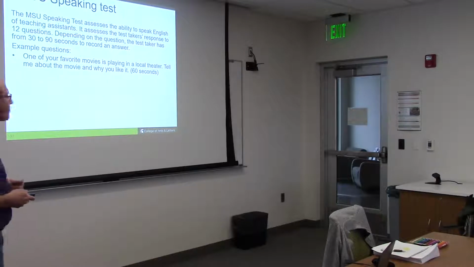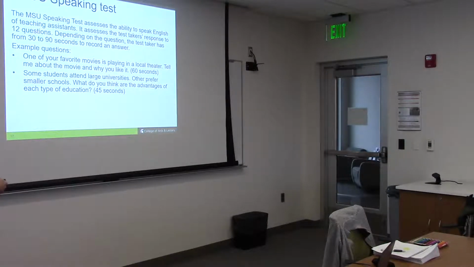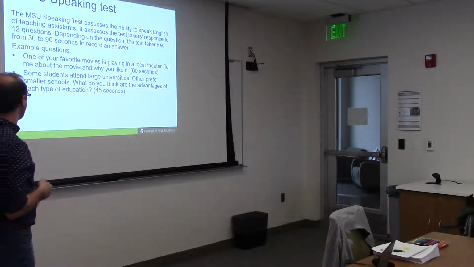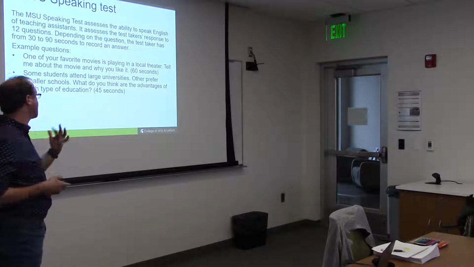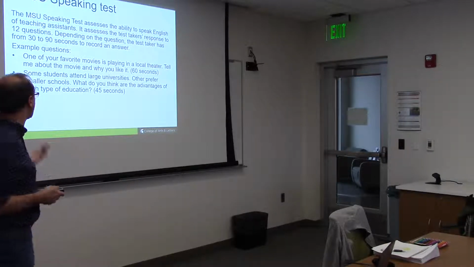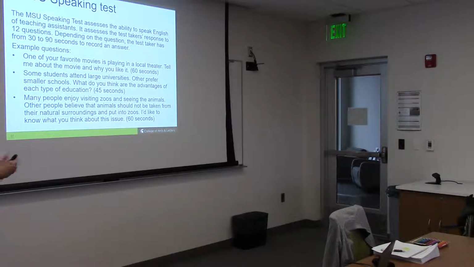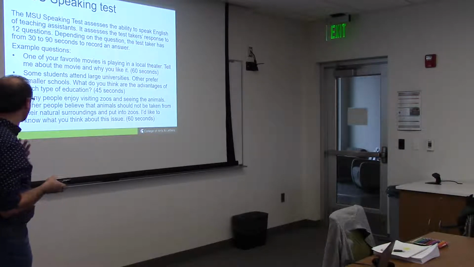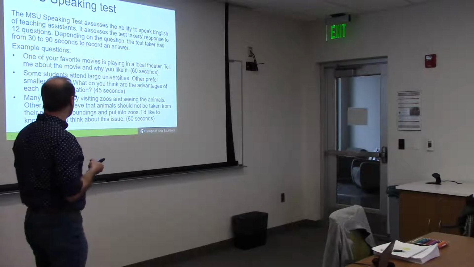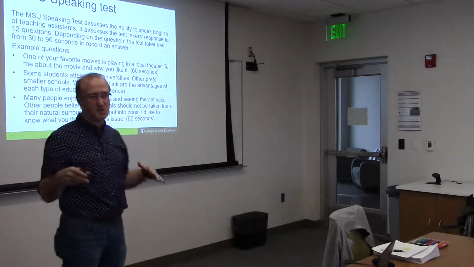Tell me about the movie and why you like it. Very straightforward. Some students attend large universities, others prefer smaller schools. What do you think are the advantages of each type of education? And many people enjoy visiting zoos and seeing the animals. Other people believe that animals should not be taken from their natural surroundings and put into zoos. I'd like to know what you think about this issue.